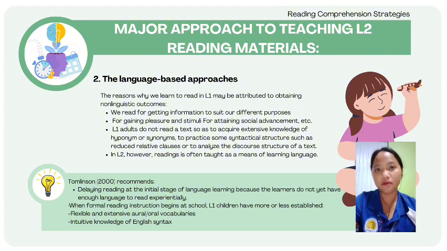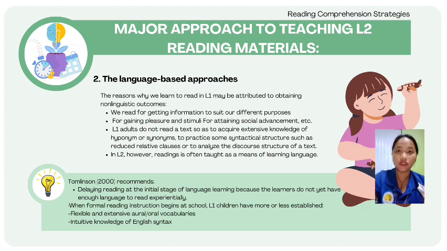Second, for gaining pleasure and stimuli, for attaining social advancement, etc. Third, L1 adults do not read a text so as to acquire extensive knowledge of hyponyms or synonyms, to practice some syntactical structure such as reduced relative clauses, or to analyze the discourse structure of a text. Fourth, in L2, however, reading is often taught as a means of learning the language.